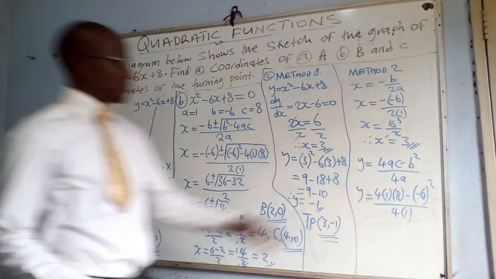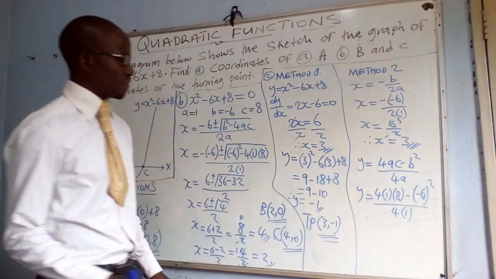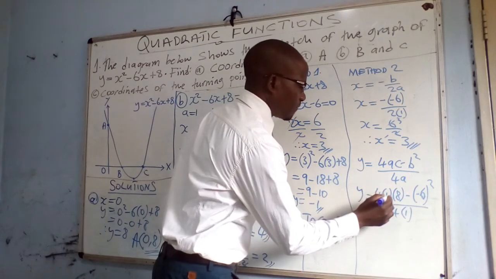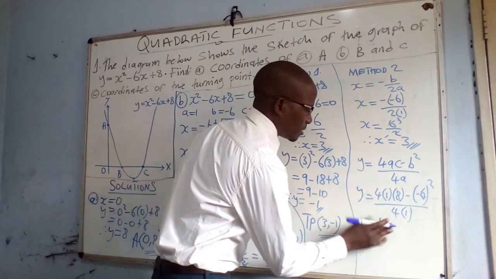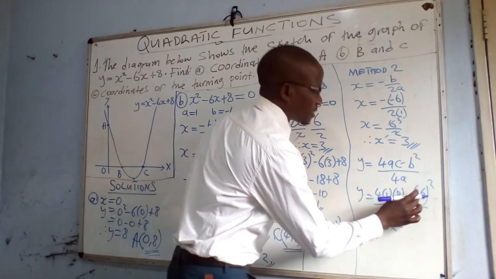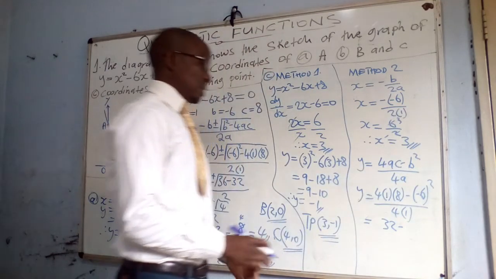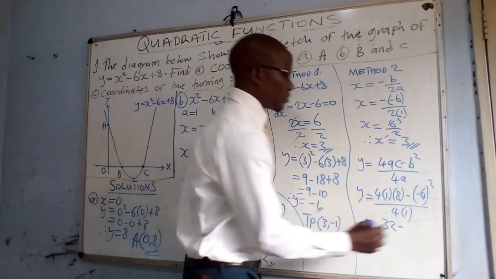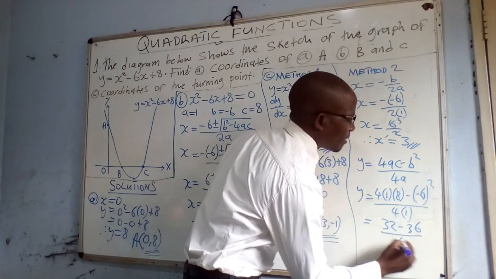When that is done, you multiply: 4 times 1 is 4, 4 times 8 is 32. So y is 32 minus 16. Negative 6 to the power 2 means 36, but it will come with a negative because of this negative. So minus 36, then over 4.